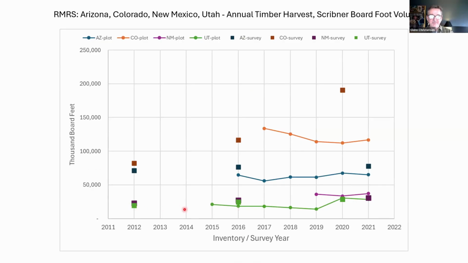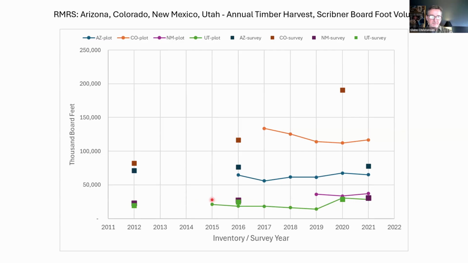The green lines on the bottom here are for Utah. The squares are from the University of Montana's census surveys, and the green line along the bottom is from the plot-based estimates of removals. And you can see that tracks pretty well.